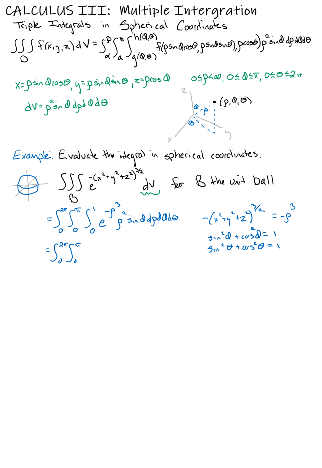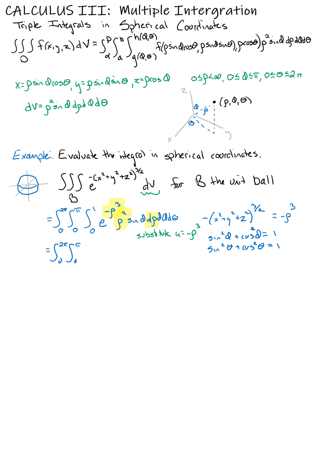Notice we will need to use a u substitution. And we'll let u be actually negative rho cubed, that exponent there. Let u be that exponent. Then du would include rho squared d rho.